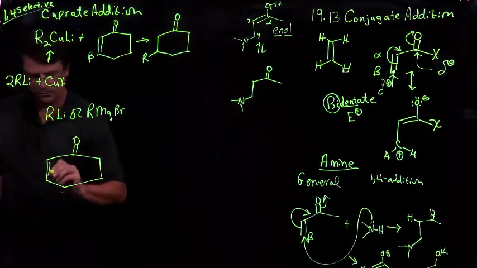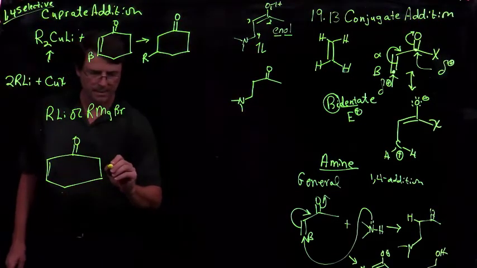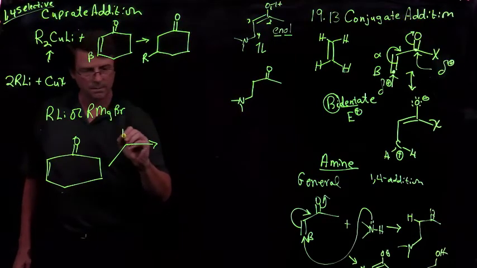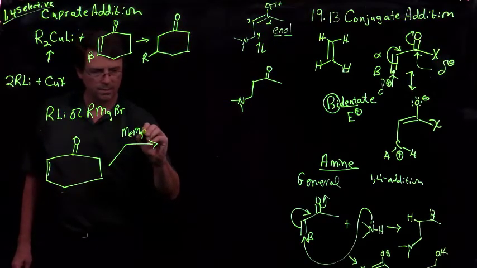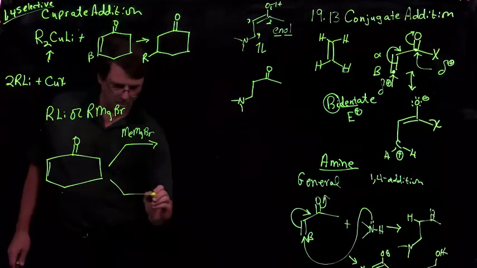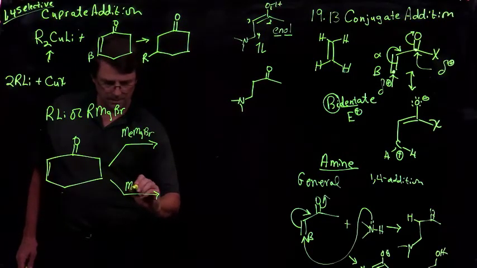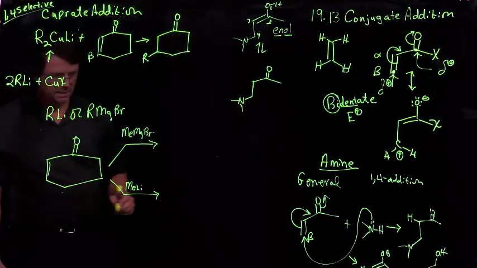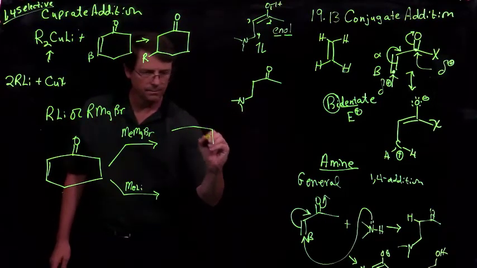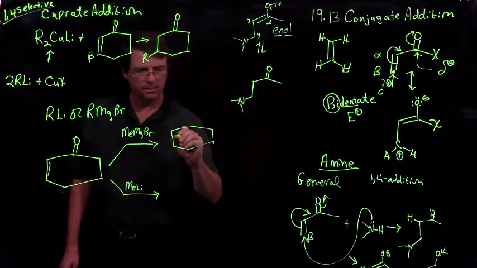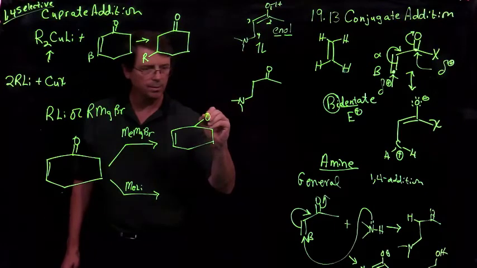If we take this one with either methyl magnesium bromide or with methyl lithium, they add to the carbonyl in what we would call the 1,2 addition product.